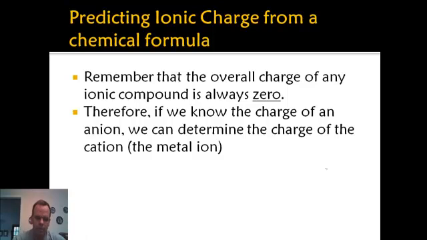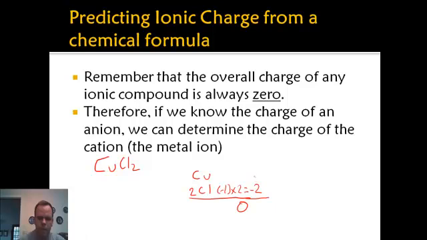Now, for example, let's say we had a pretty straightforward case, CuCl2. I know I've got copper and I have 2 chlorines, and I know the total must be neutral. I know chlorine is -1. There are 2 of them for a total of -2.